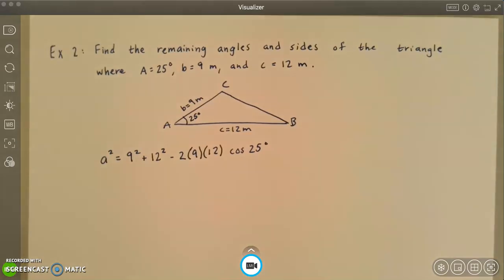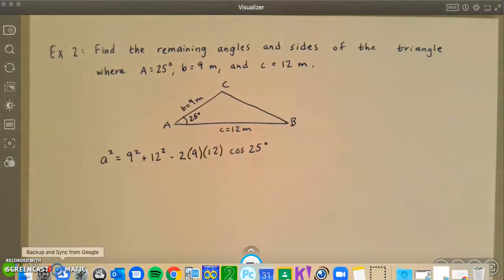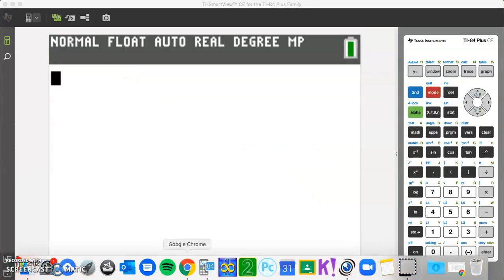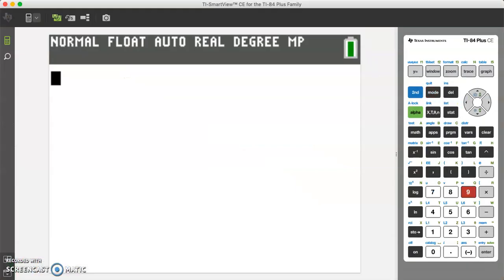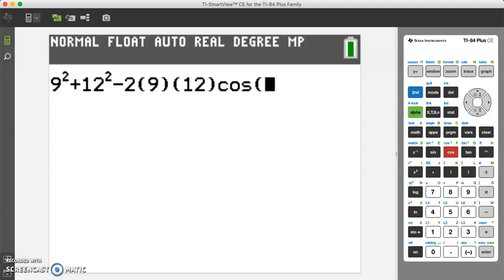All right, so let's go ahead and plug that into the calculator and see what we get. So I have 9 squared plus 12 squared minus 2 times 9 times 12, and I'm going to multiply all that by cosine of 25. Make sure that you are still in degree mode and not radian mode.